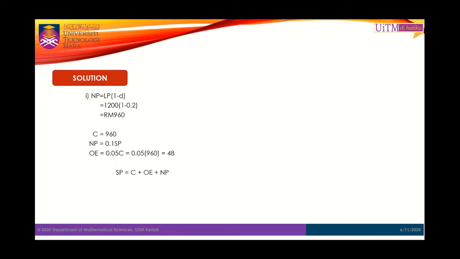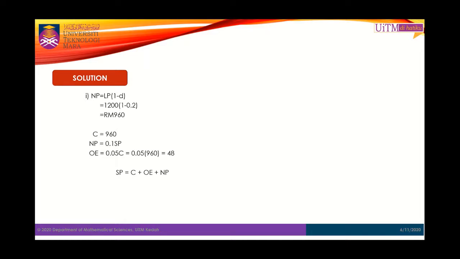The NP at the top is net price, but the second NP refers to the net profit. They are different things. If you don't want to confuse these two symbols, just write the whole terms: NP for net price and the second NP for net profit.